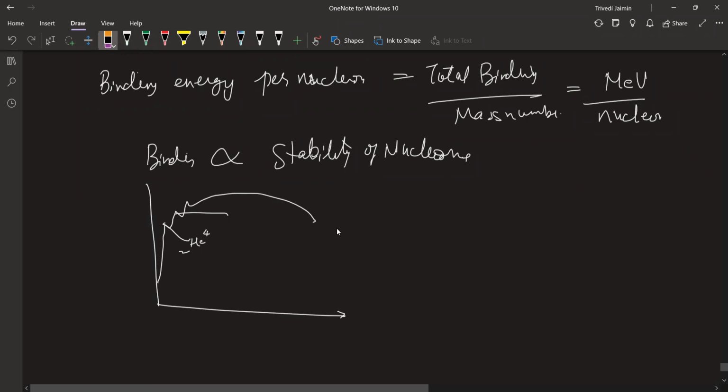let's mark here. This is some 0.8 for oxygen. Here C 12.